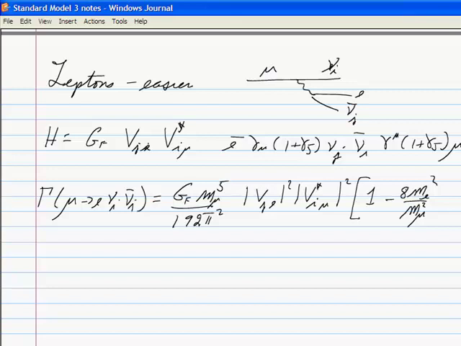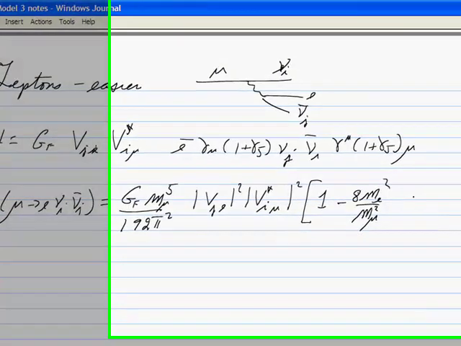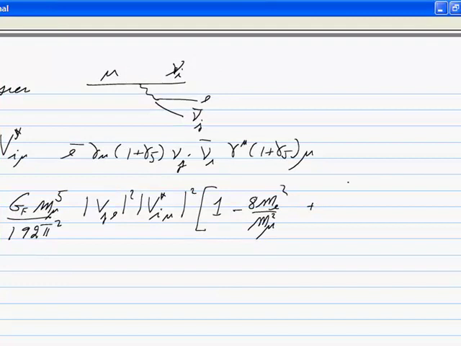There are higher order terms like that. There's corrections that come from the W propagator. It turns out to be 3/5 m_mu squared over m_W squared. There's terms, I actually don't have the exact number here because it's so tiny that no one calculates it, but it'd be m_nu squared over m_mu squared, corrections with some number there.